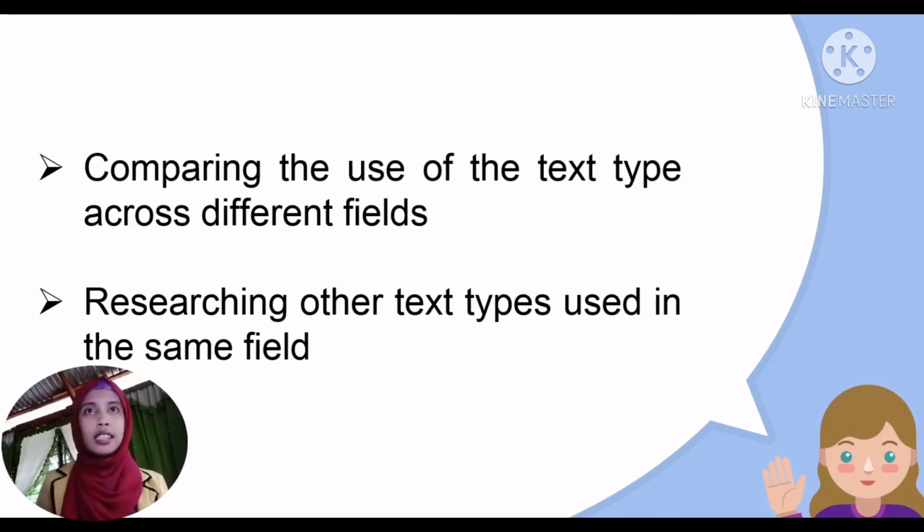For instance, making a Venn diagram to distinguish the similarities and differences of a certain text type when used in different contexts or fields, like comparing a speech from a student and a speech from a politician. Differences in the thoughts or the speech itself will be very evident.